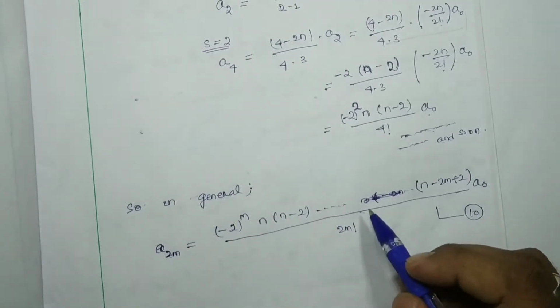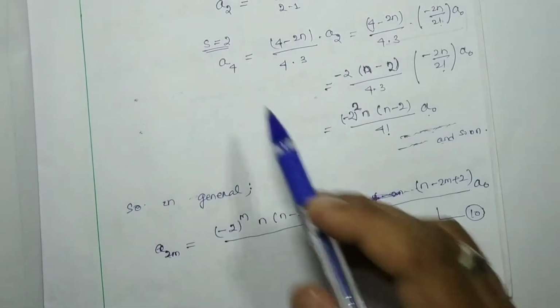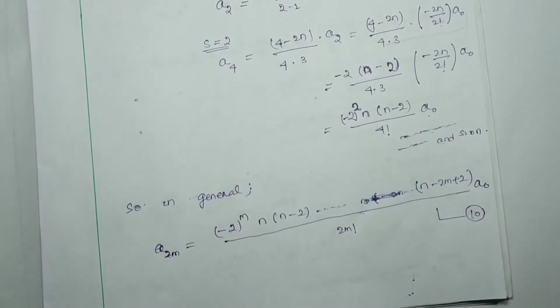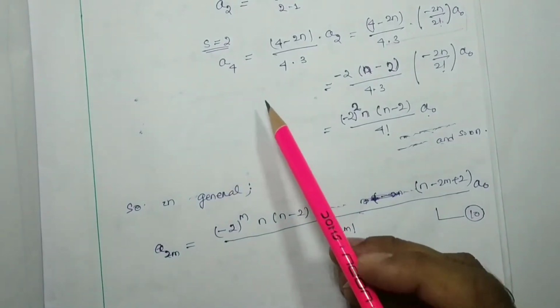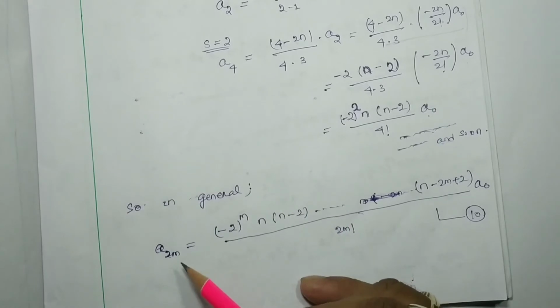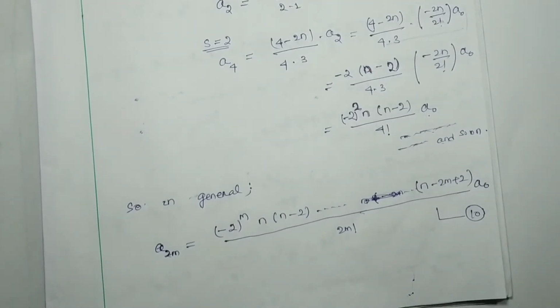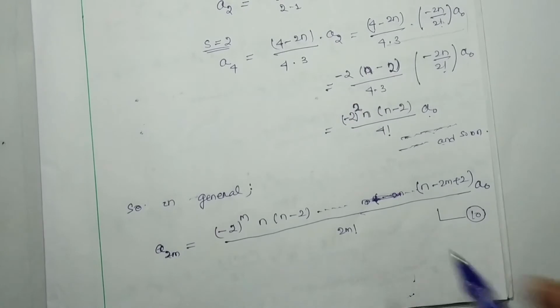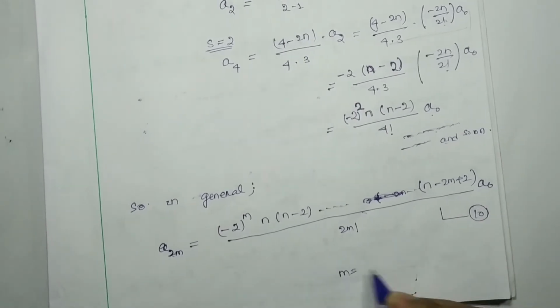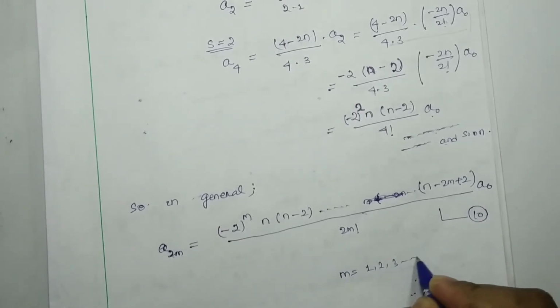You just cross check for a4. For a4, we have to put m equal to 2. So here I have to write that m is nothing but 1, 2, 3 up to dot dot dot.